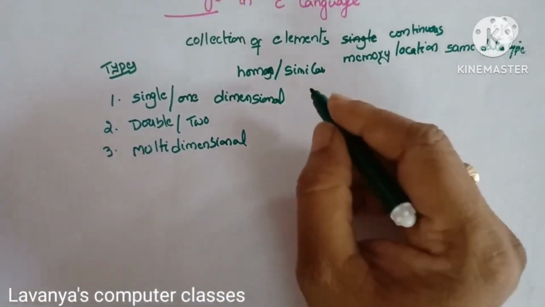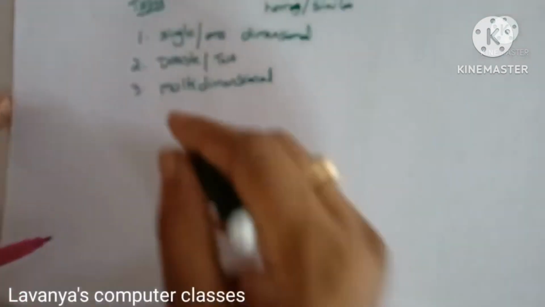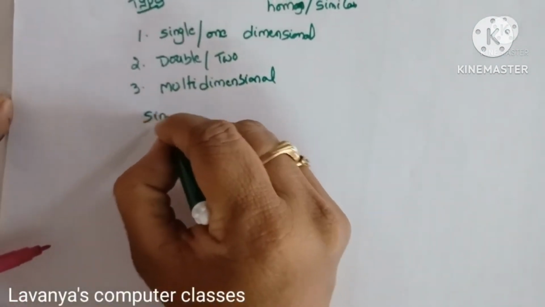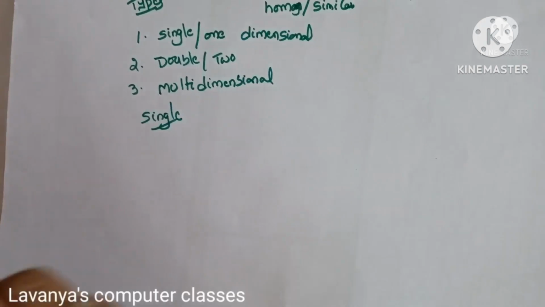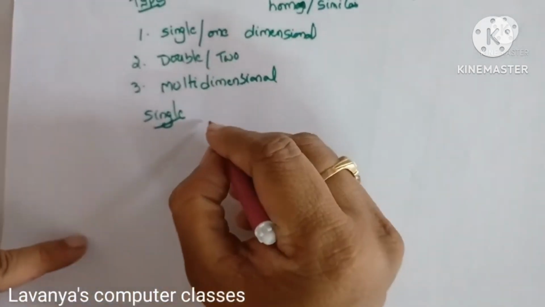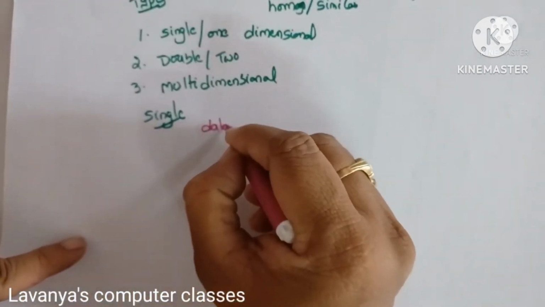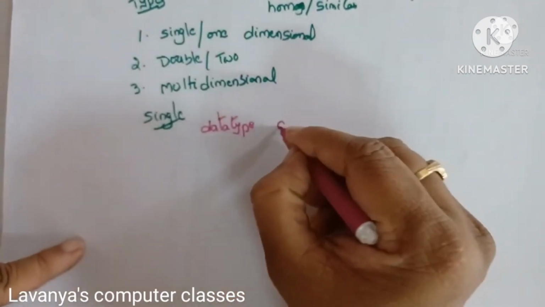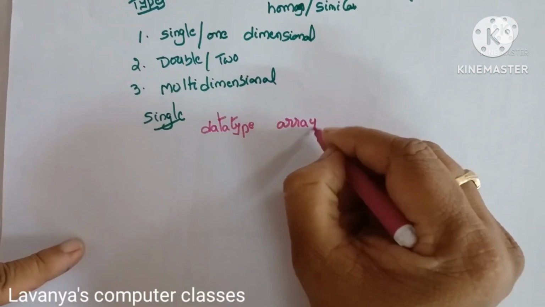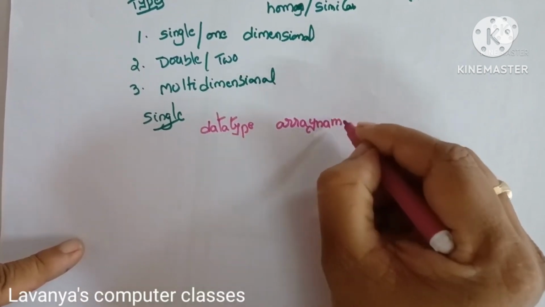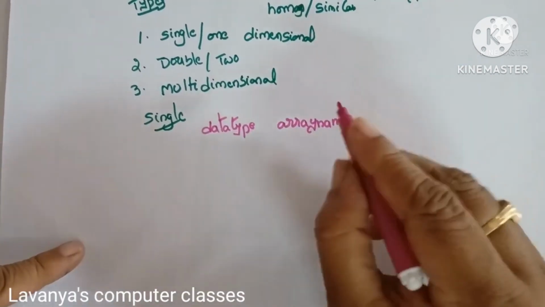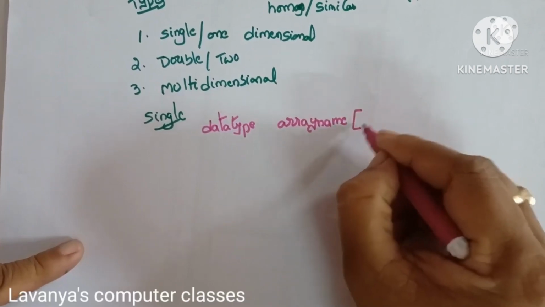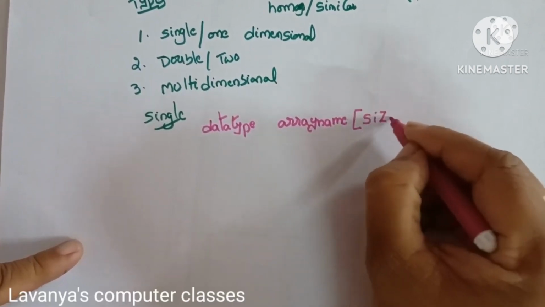First I will go for the single or one dimensional array. For the single dimensional array, first we go for the syntax. The array declaration is also like a normal declaration. The syntax is first the data type, then the name of the array, and we specify the size because it is a collection of elements.